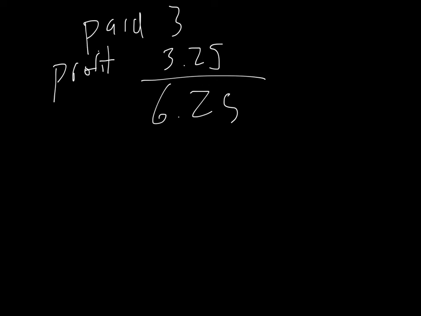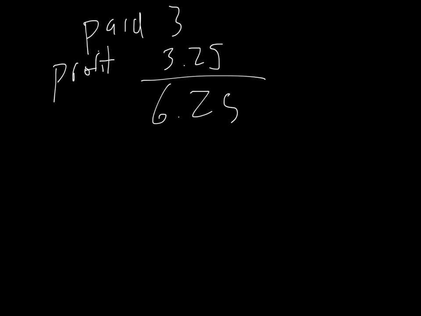He pays $3, so that's the cost he has. If he wants to make above $3, everything above $3 is profit. It says the profit has to be $3.25. So $3 and $3.25 is $6.25. Are we good that far?